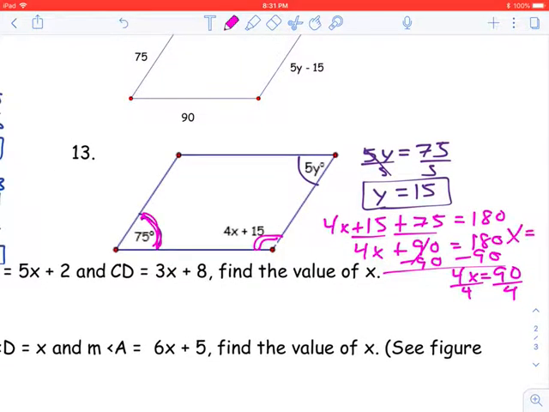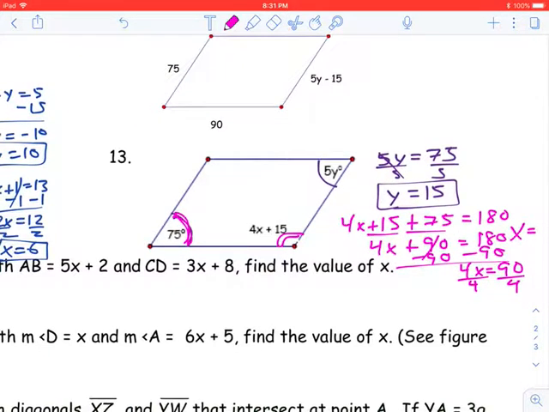X equals, and I'm running out of room here, so I'm going to go up here. X equals 90 divided by 4, which is 22 and a half. Okay? And I'm going to check my work real quick. 22.5 times 4 plus 15 is 105, plus 75 is 180. So it all checks out.